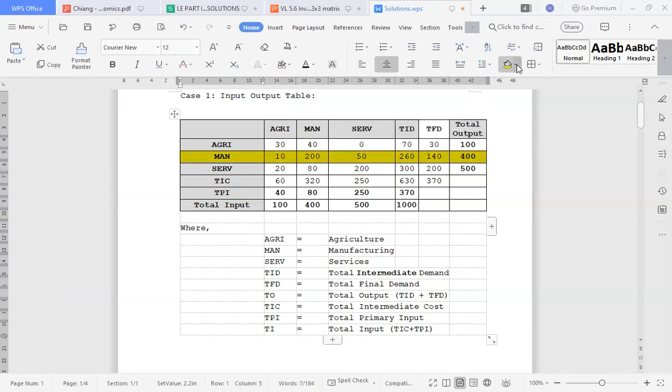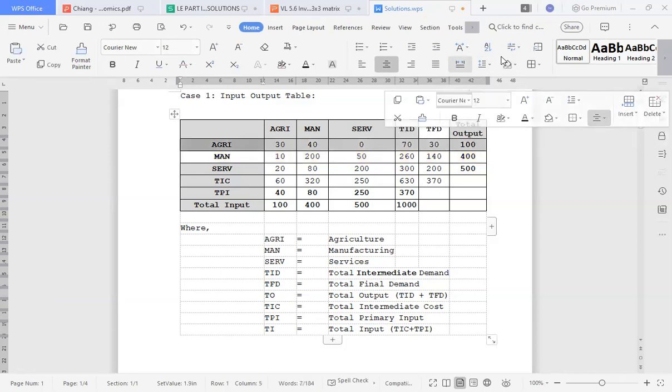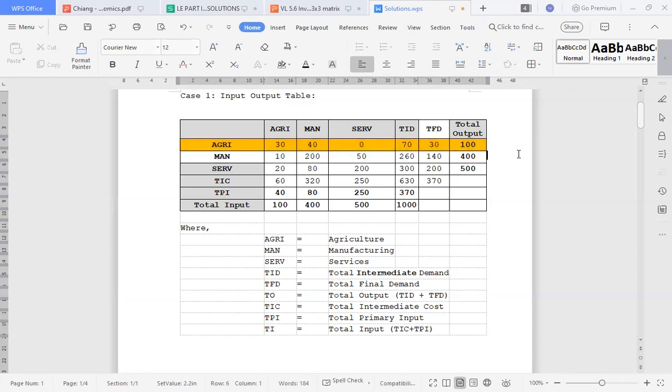Okay. So in terms of agriculture, its output is worth 100 billion, and it is allocated as follows: 30 is used by agriculture, so it is an intermediate input for agriculture. 40 billion is used in manufacturing.